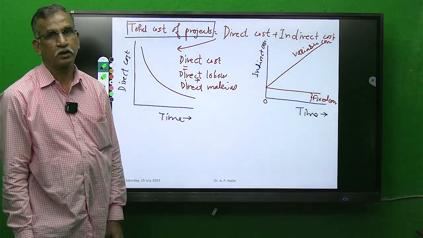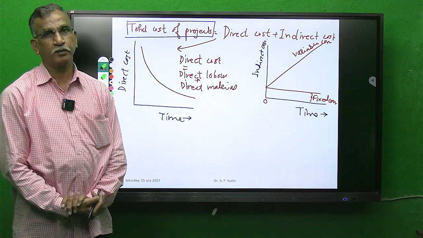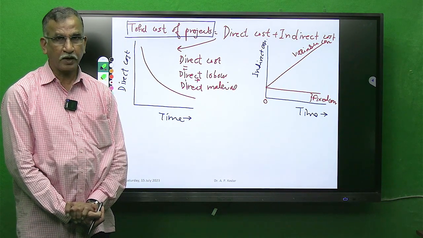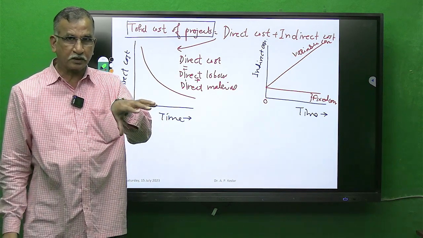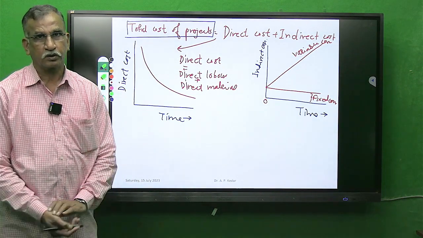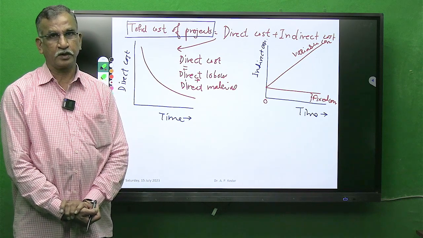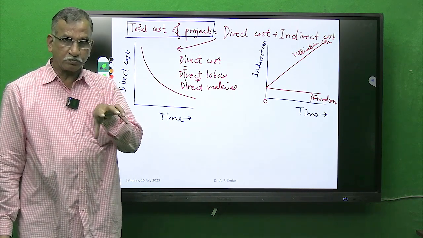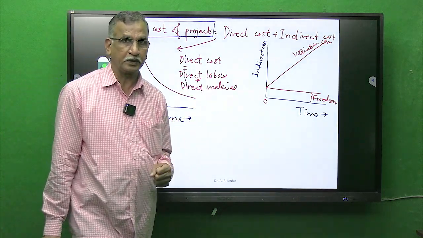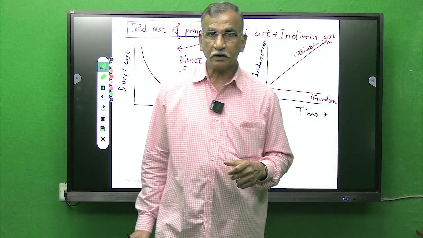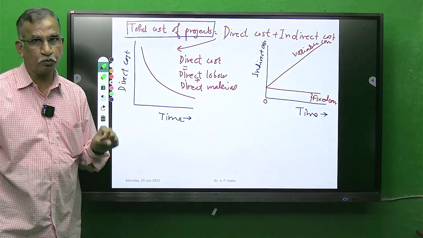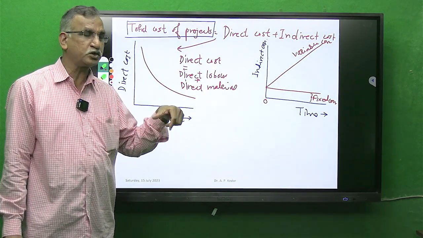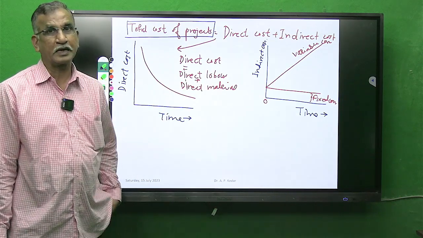Suppose we are thinking of an automobile engine. Now an automobile engine has parts like crankcase and some internal parts: connecting rod, camshaft, crankshaft, bearings, piston, cylinder, all that. All this material comes under direct material, and the operators who process those direct materials, components of that engine, are treated as direct labor.